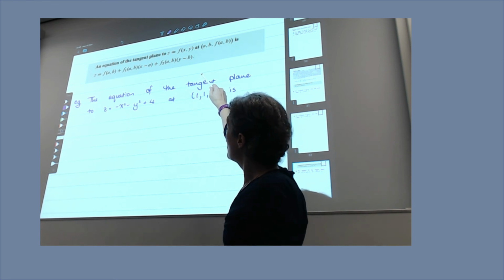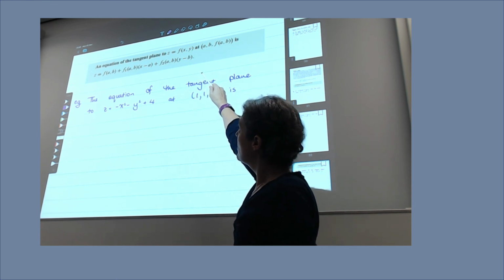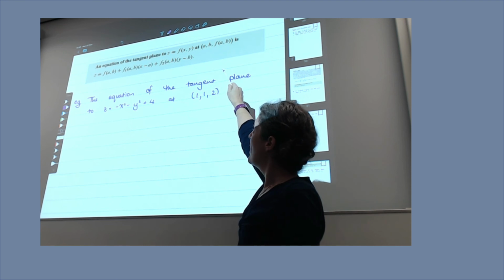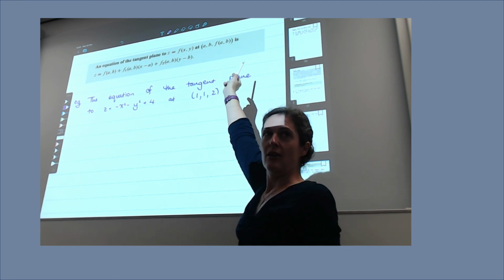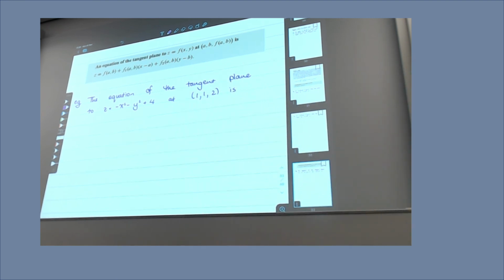So we've got the equation of the tangent plane to some surface at the point (a, b, f(a,b)). It is exactly what you would expect. This is what you've got if you think through the process that we did.